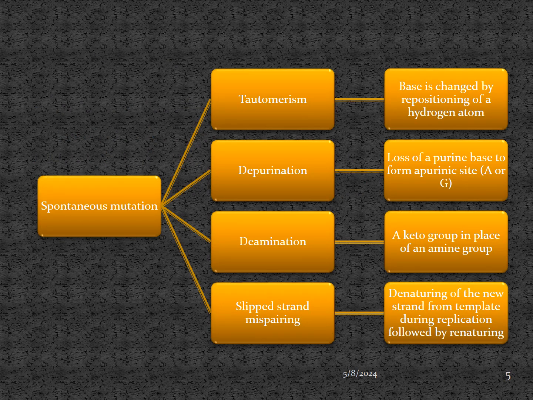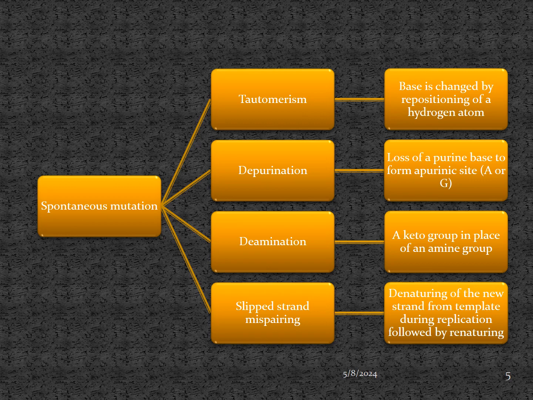the environment. For a spontaneous mutation, this is a situation where mutation just occurs, and you cannot really pinpoint what caused it. We have tautomerism, depurination, deamination, slip strand mispairing.